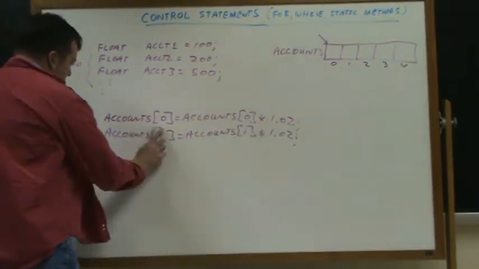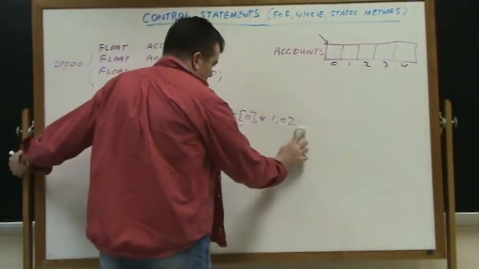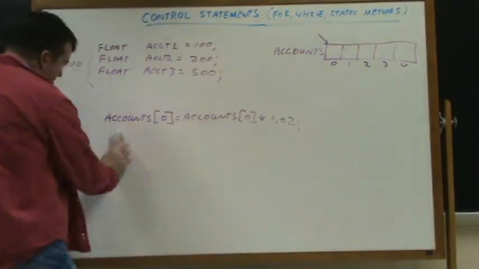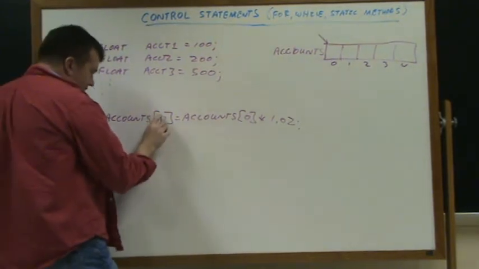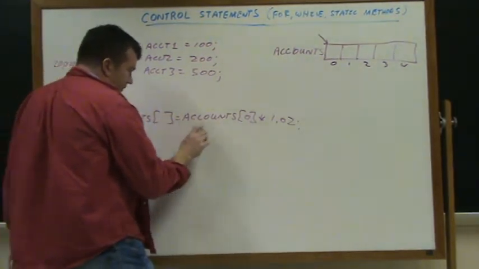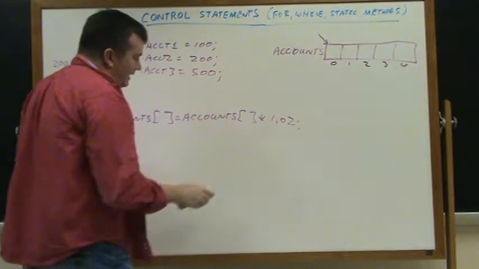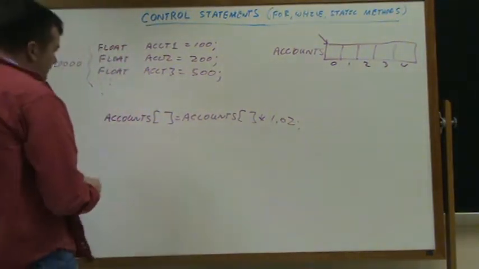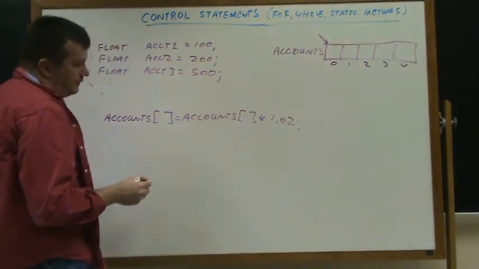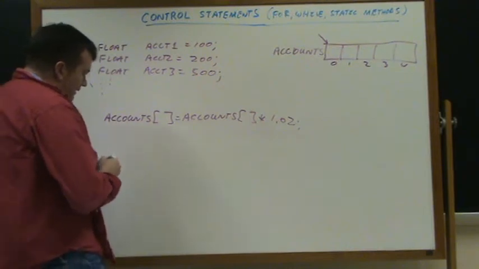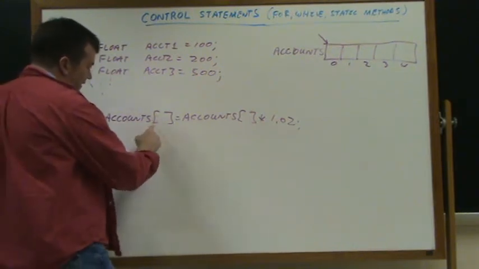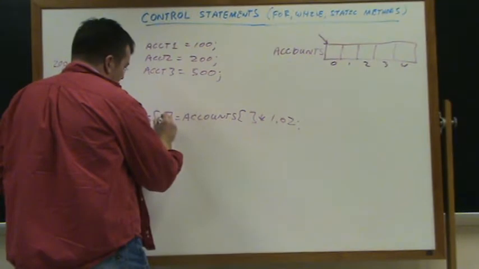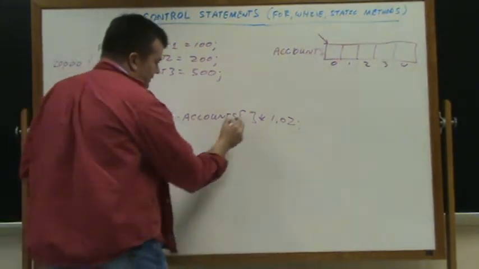It would be nice if we could, instead of doing it for 0, just do it for something kind of vague, like a variable. Suppose we did this for a popular letter to use, the letter I, for index, the first letter of index.